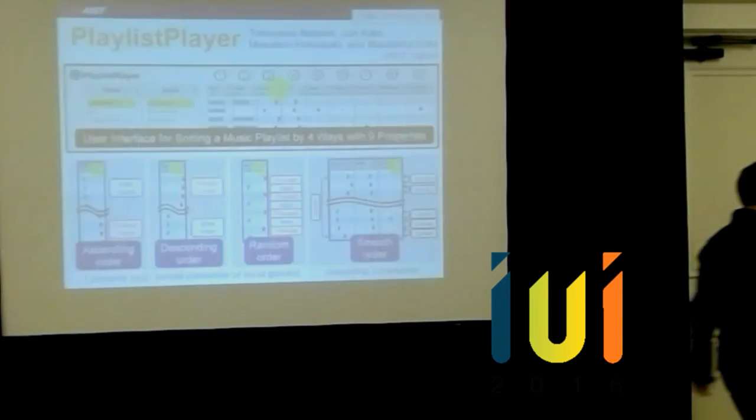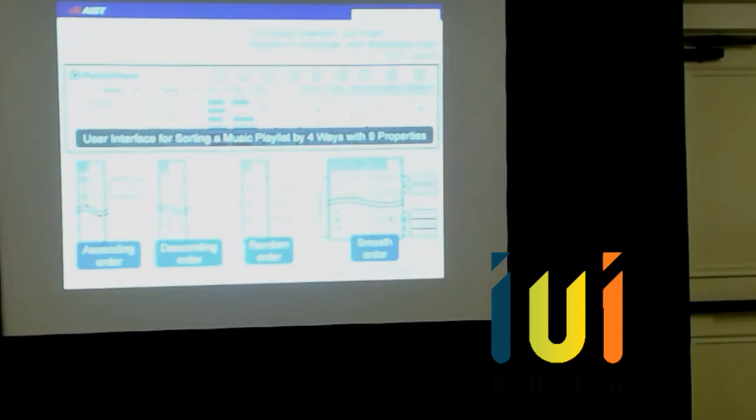Hello, my name is Tomoyasu Nakano from AIST Japan. Today I'm going to talk about Playlist Player, which is a user interface for sorting music playlists by 4 ways with 9 properties. These 9 properties are derived from content and web. They can be used as sorting criteria and can be integrated.